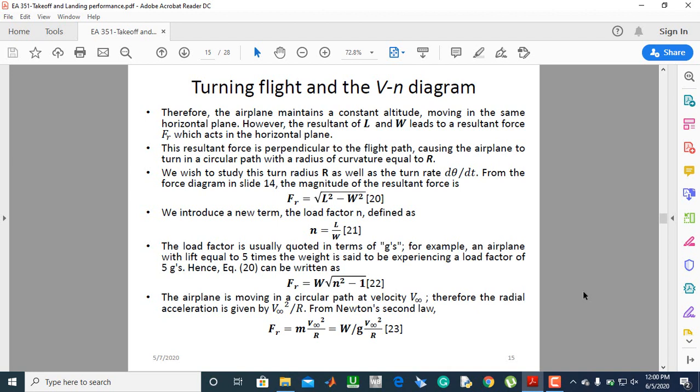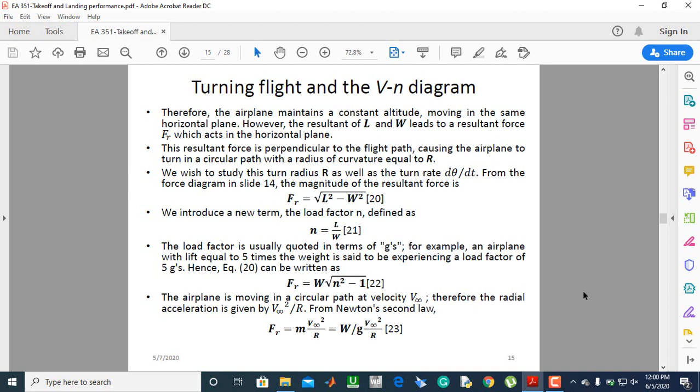So the load factor is normally expressed in G's, meaning if the lift is five times the weight, then you can say that the aircraft is experiencing 5 G's.